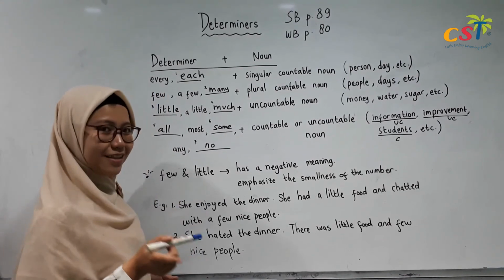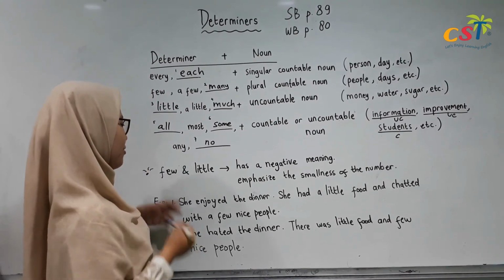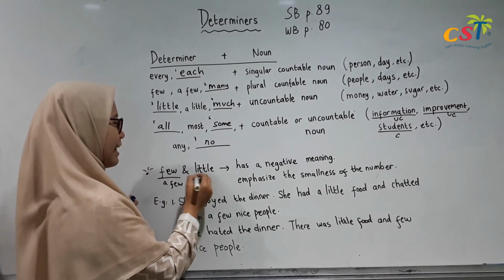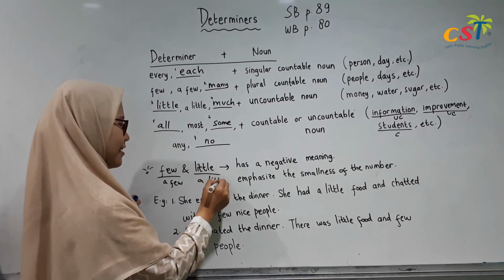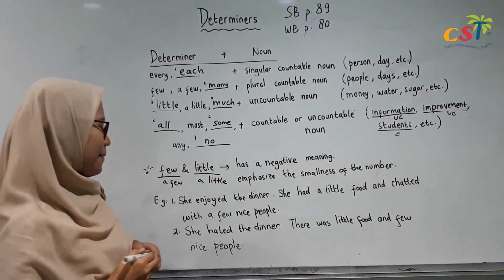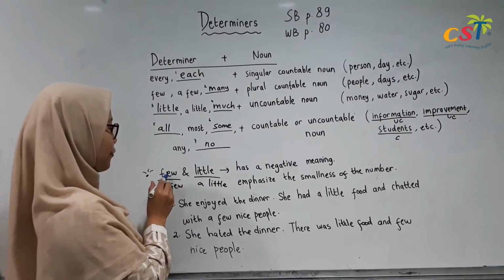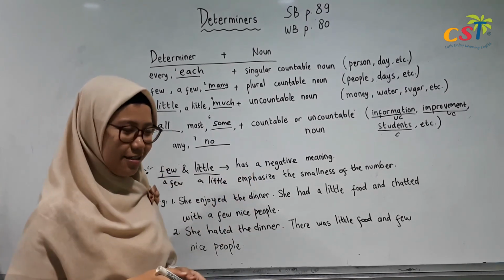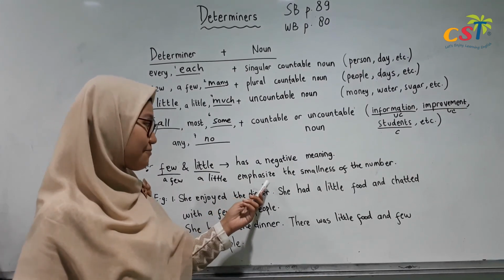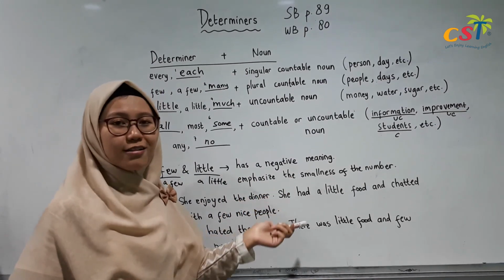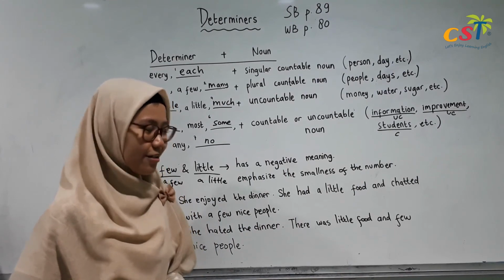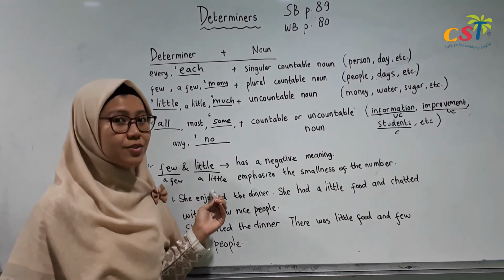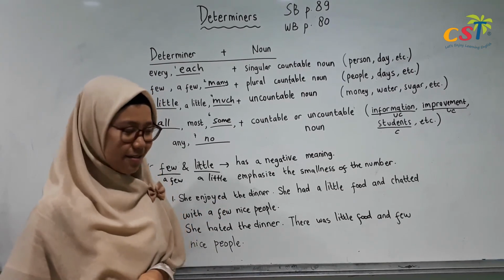Now I will explain the difference between few versus a few and little versus a little. When you use few and little, it has negative meaning and it gives emphasis to the smallness of the number. But when you use a few and a little, it shows neutral meaning.